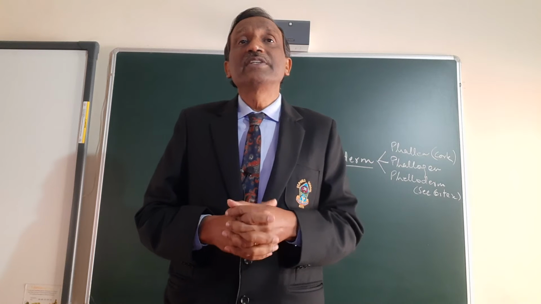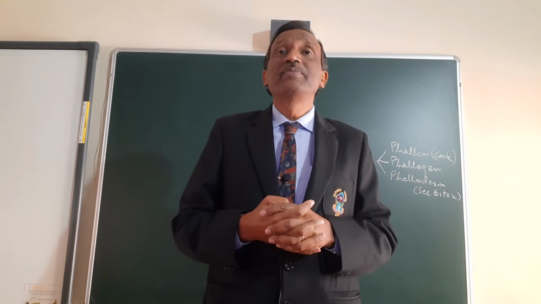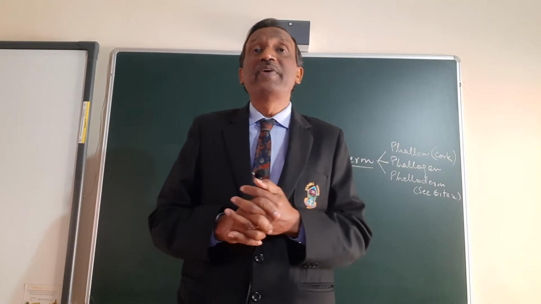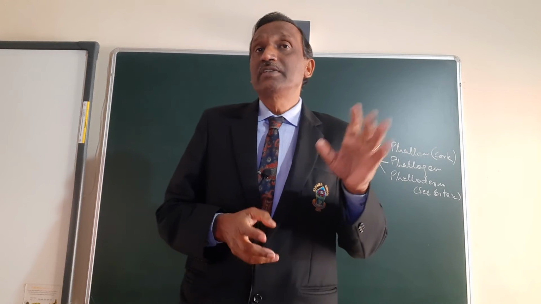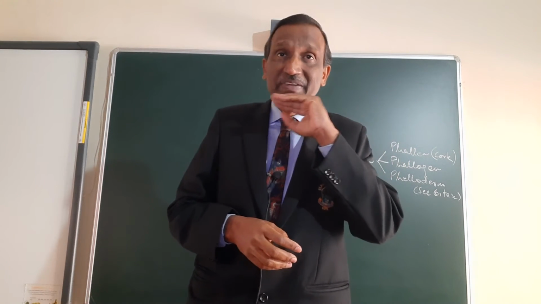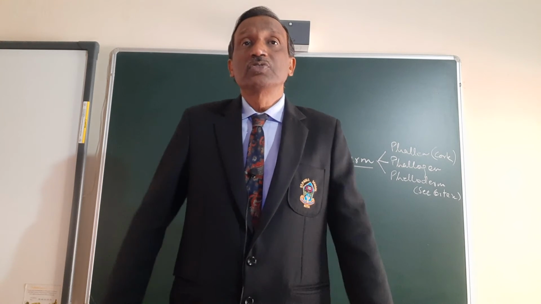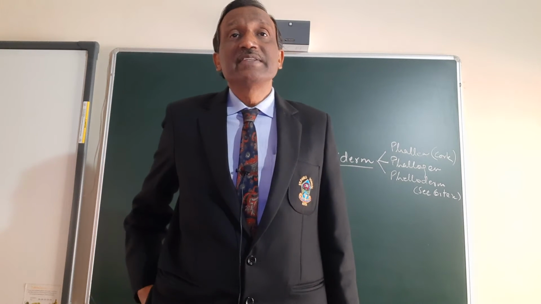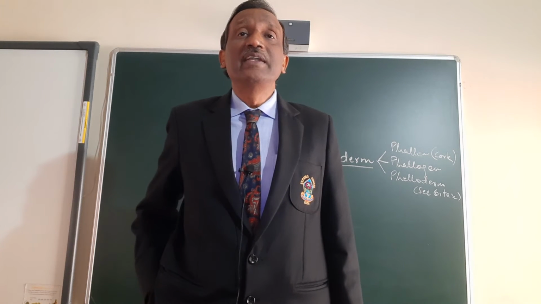So bark is the non-technical term, which refers to the tissue exterior to the vascular cambium. Therefore, including the secondary phloem, bark refers to a number of tissues. Bark is not only cork, but see what things come inside it. The following tissues are there: that is periderm, secondary xylem, secondary phloem.